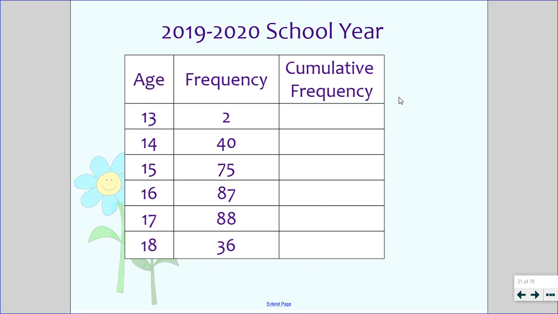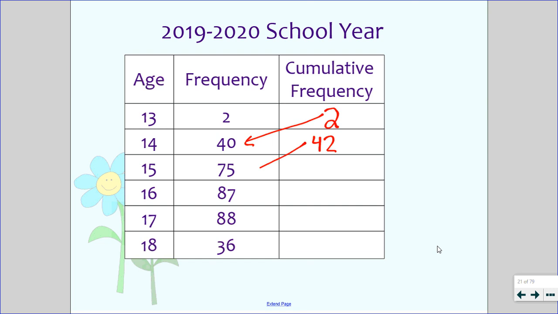So we have two people in the school that are 13 or younger. Then if we add this number to the 40, we have 42 people in the school that are 14 or younger. So cumulative frequency gives that data point and everything below it.